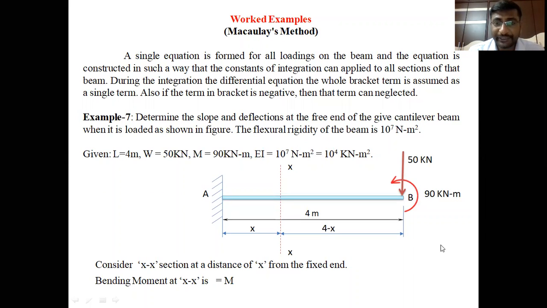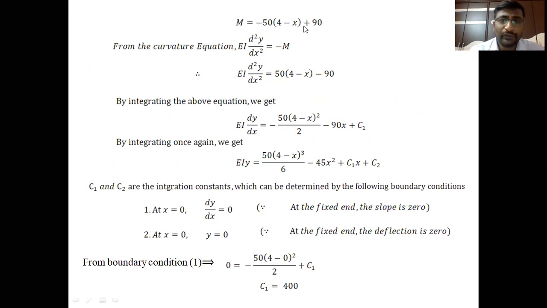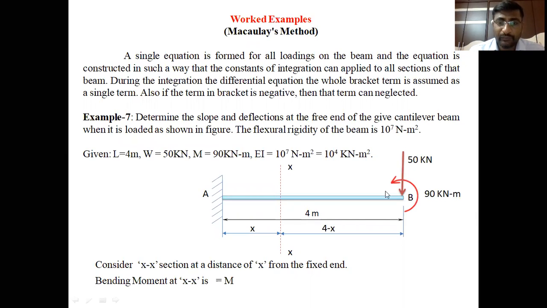And another couple is there. It is in an anti-clockwise direction, a positive couple, positive moment. Directly we can add this 90 kilonewton meter to the given equation. So plus 90 simply. We need not multiply by a distance for the moment. Here the moment is acting at a distance of 4 minus x, still we need not multiply this 4 minus x for the moment.